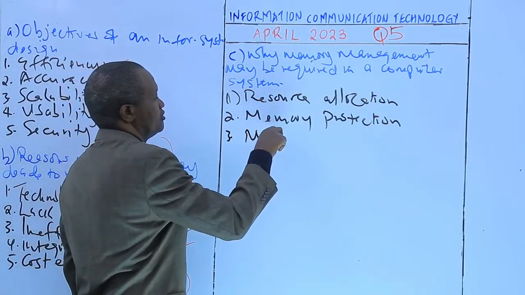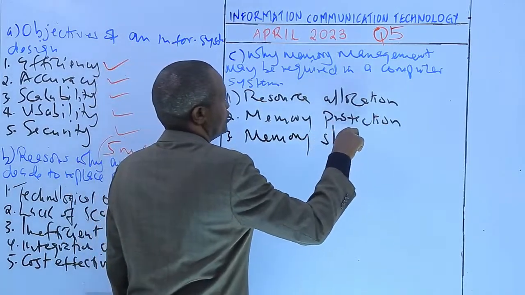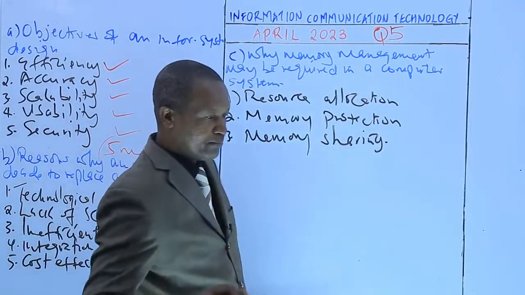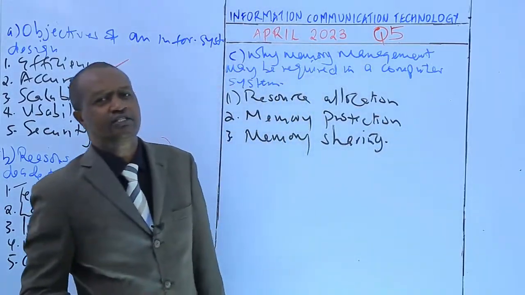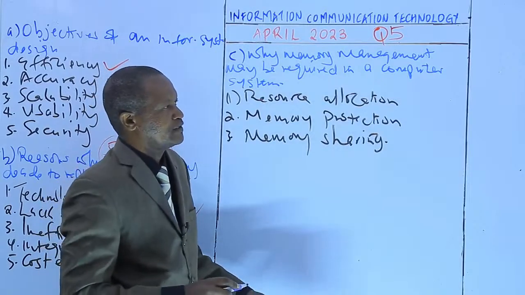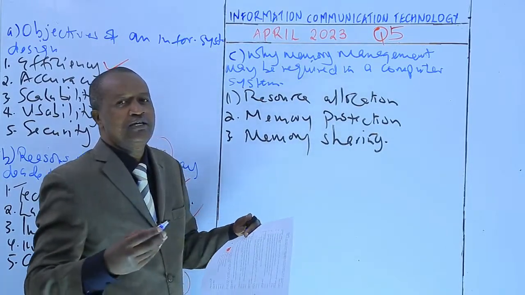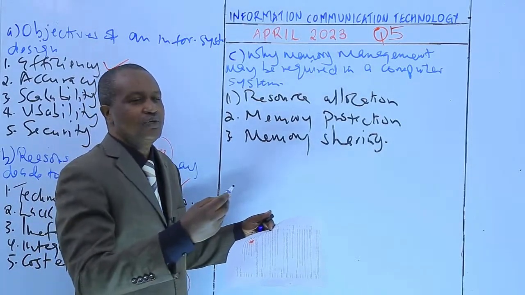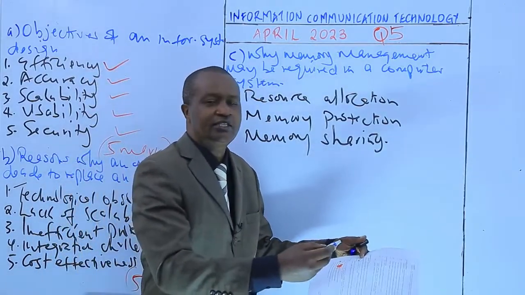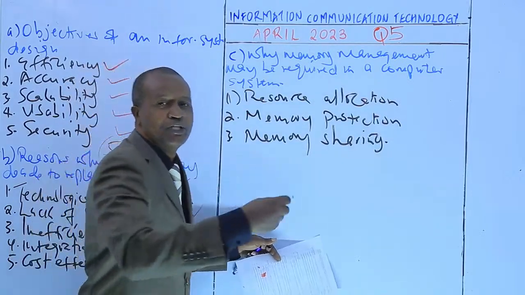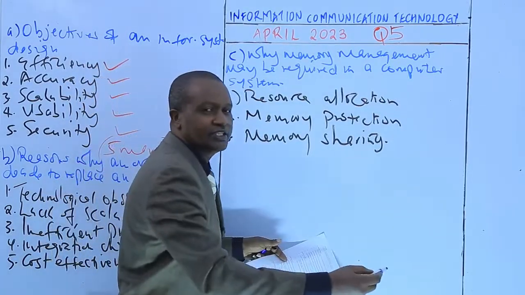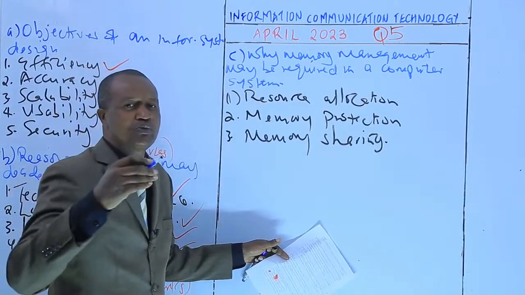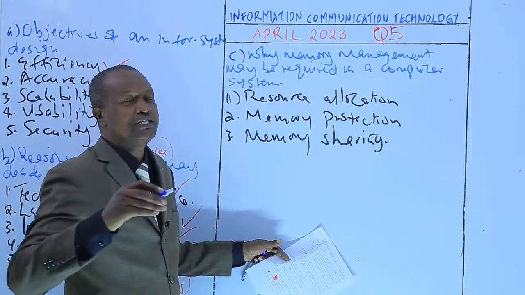3, memory sharing. Memory management facilitates memory sharing among multiple processes, allowing them to access data or even code segments.